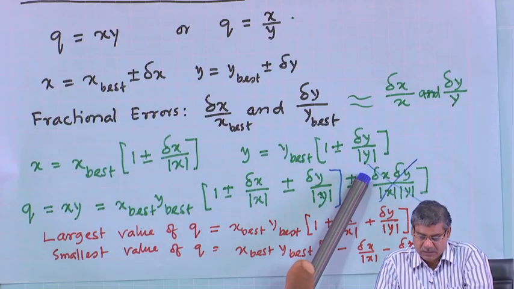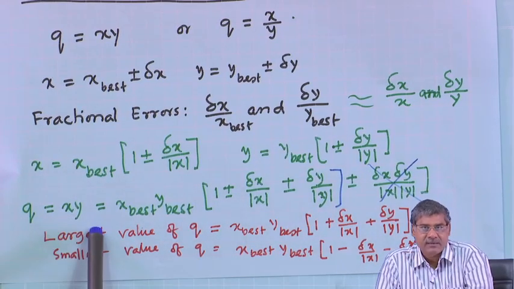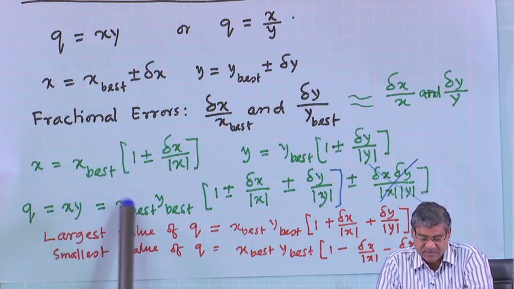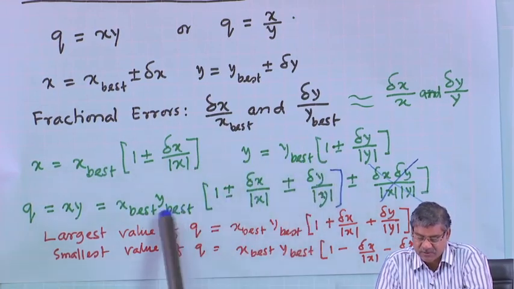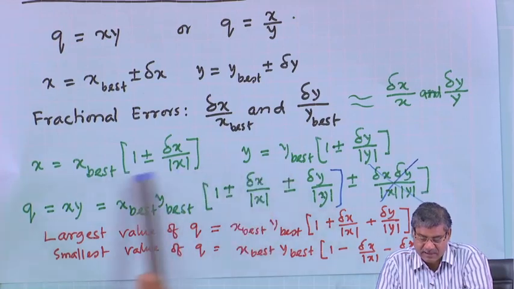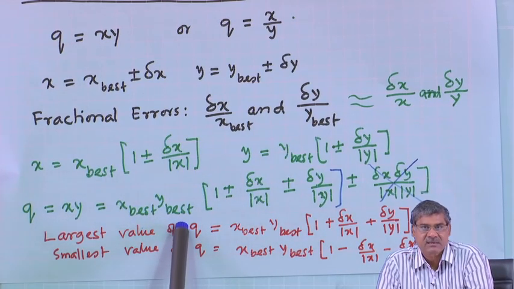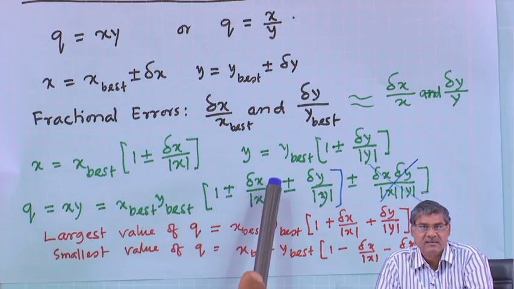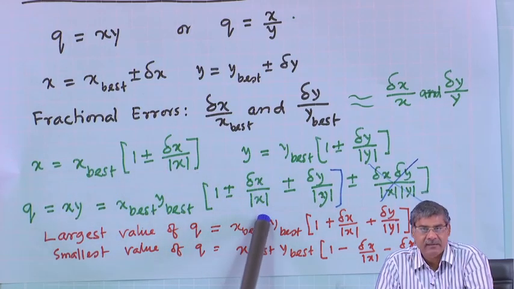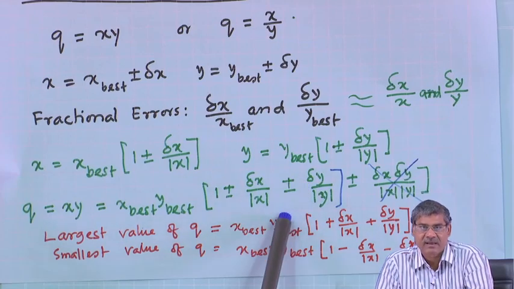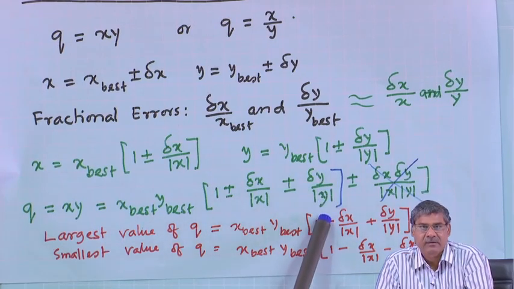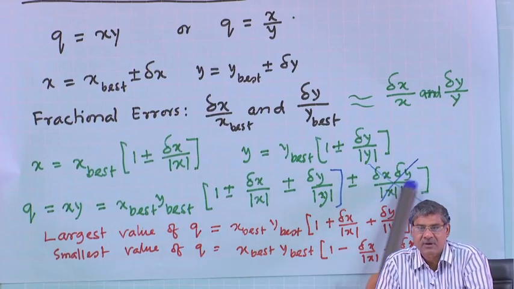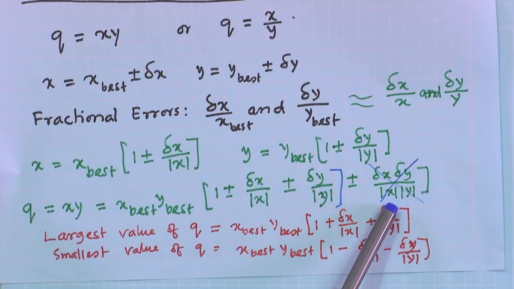Then q equal to xy. I put these two values here, then I will get x best y best, then 1 plus minus del x by mod x plus minus del y by mod y, then plus minus del x del y by mod x mod y.